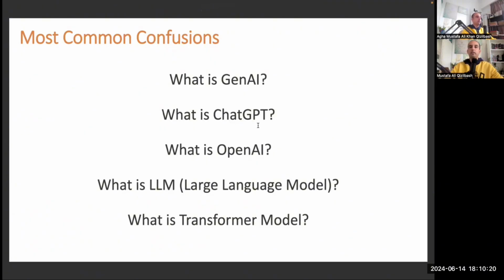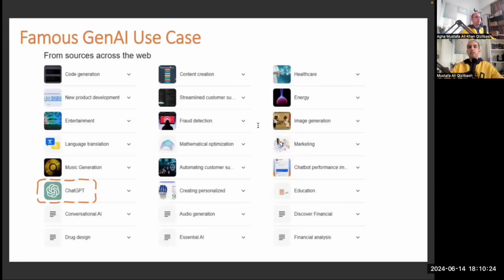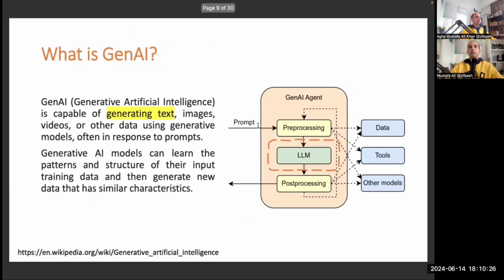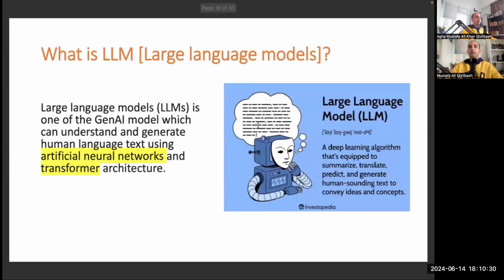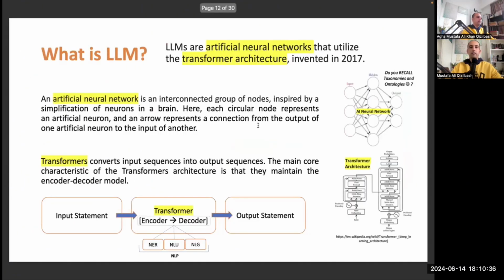All those things will be in the slides. What is GenAI, and what are the use cases? What is an LLM? What LLM frameworks are available in the market right now? And then the next level, how an LLM actually works inside. We'll go through this slide later on.